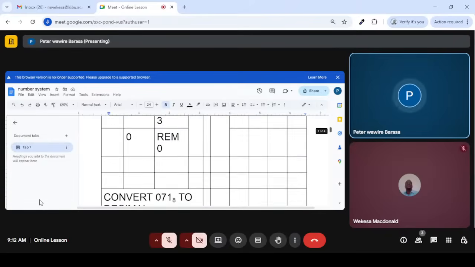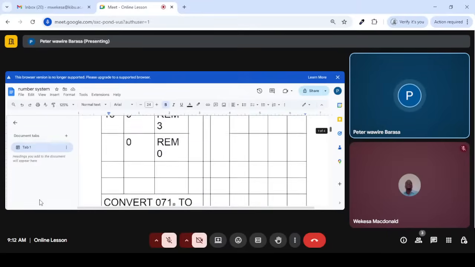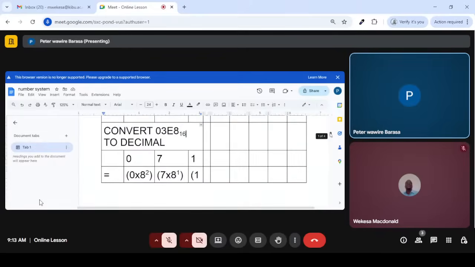So we can also convert. Now we can convert this. This was 0, 3, E, 8. I convert that into decimal. That is base 16. I convert that into decimal. That will be very easy again.